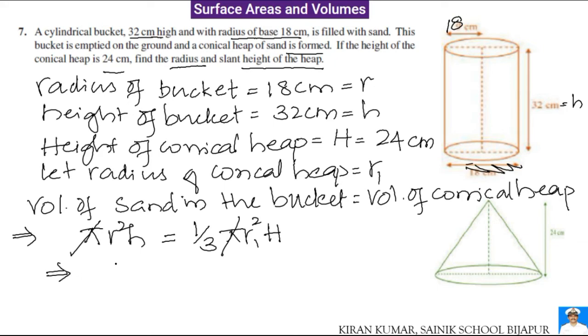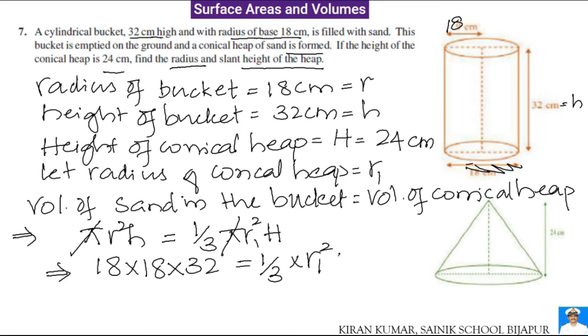R square is 18 times 18 into the height is 32, which is equal to 1 by 3 times r1 square. What is r1 square? It is to be found.